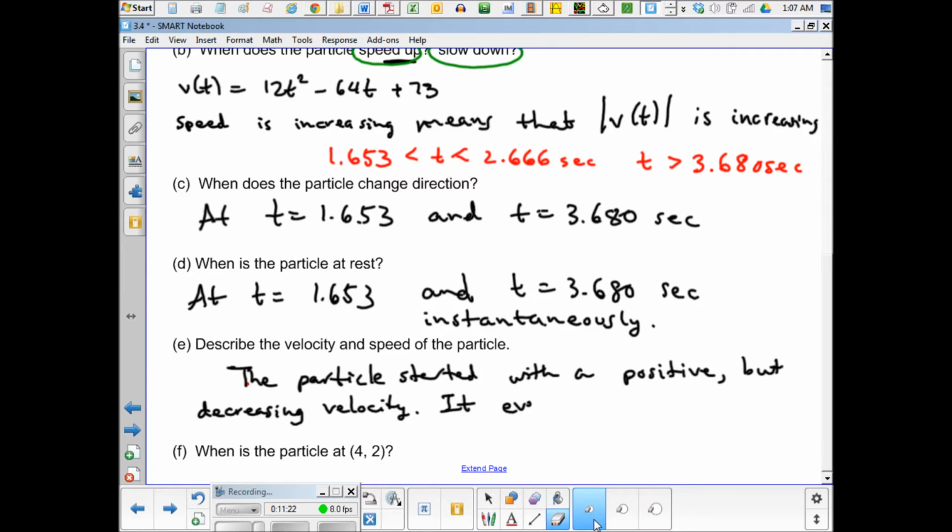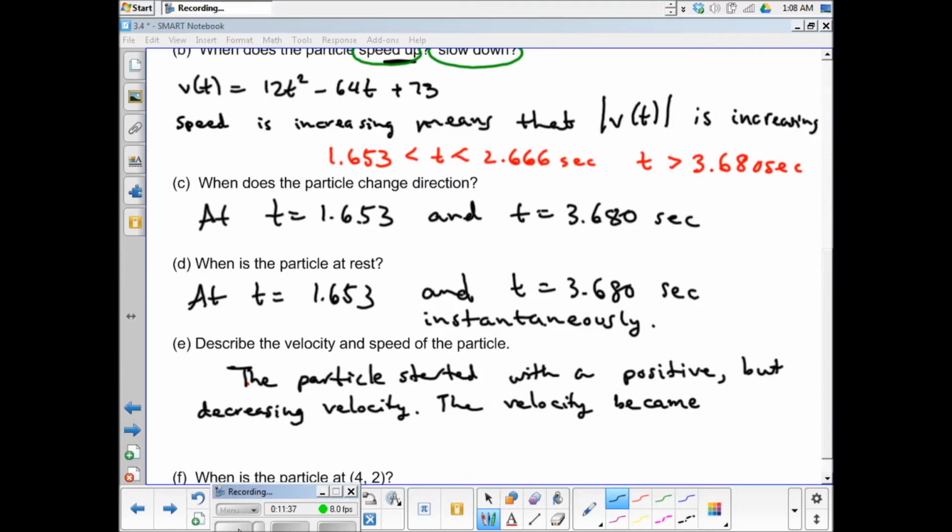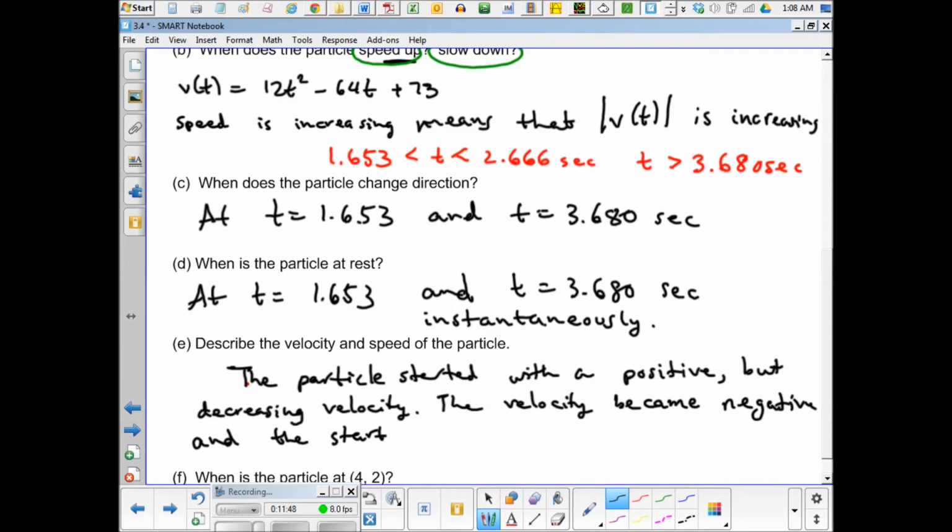And then let's stay away from the word it. The velocity became negative, and then started increasing.